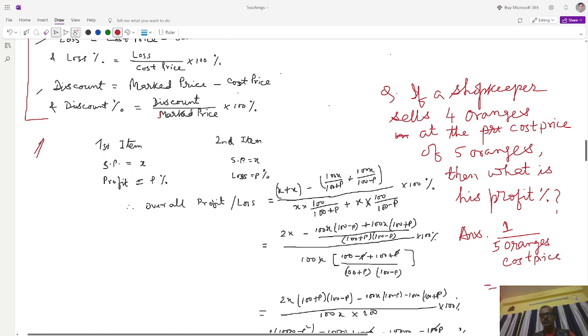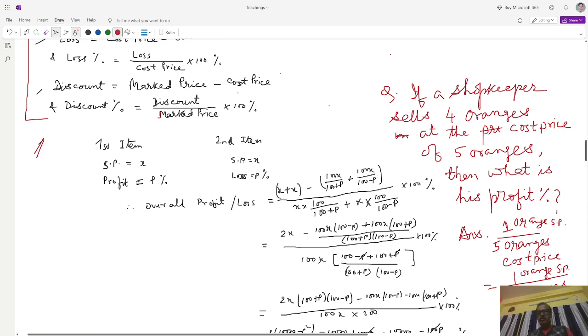That is equal to 1 divided by 4 oranges sales price, because the profit is 1 orange sale price, right?